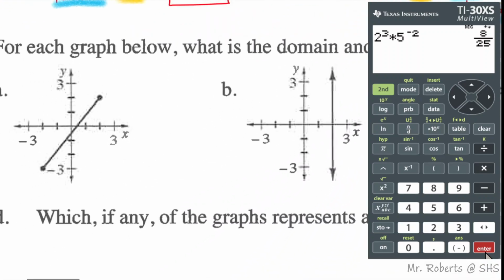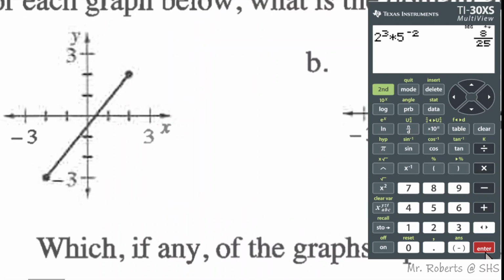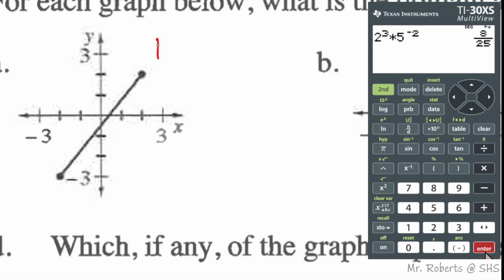Nice. For each graph below, what is the domain and what is the range? And then it says, which of any of the graphs represents a function? Okay, so I'll do some notation here. For this first one, the domain is going to be the x's from -2 to +2.